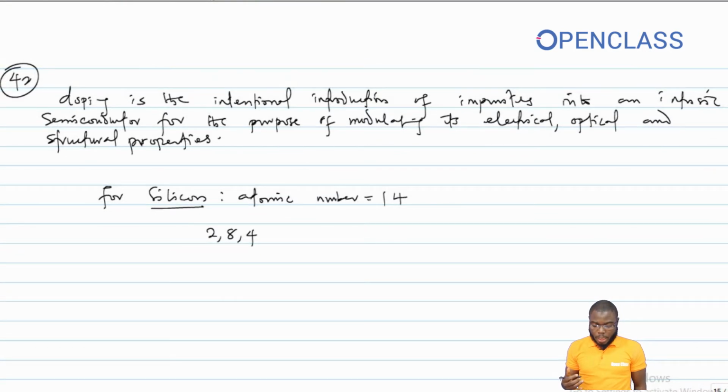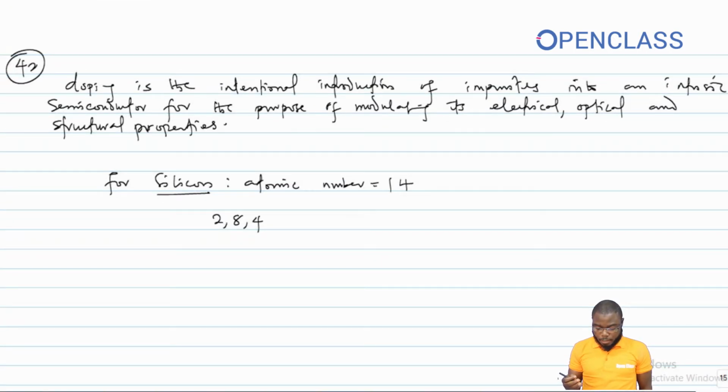Now, silicon can be doped with either pentavalent or trivalent elements. What I mean is an element that has a valency of 5 or a valency of 3.